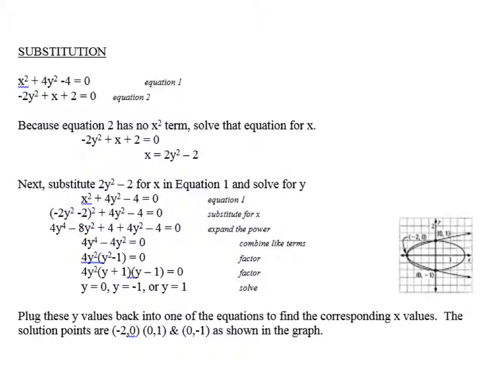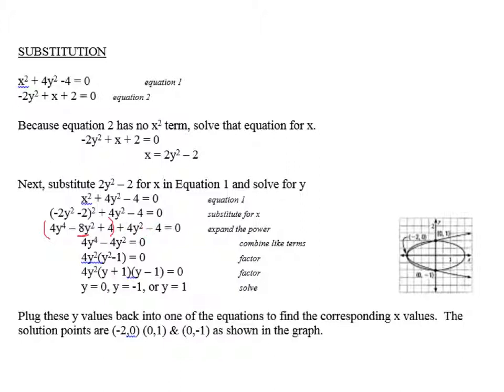Be careful because this whole thing, remember when you square a quantity, you don't just distribute the squared through the parentheses. You have to multiply, like you have to FOIL it together, and there's always going to be this middle term in here. Okay, so once that has been multiplied out, notice the rest of it just kind of follows along, the 4y squared minus 4, 4y squared minus 4, that just keeps coming down.